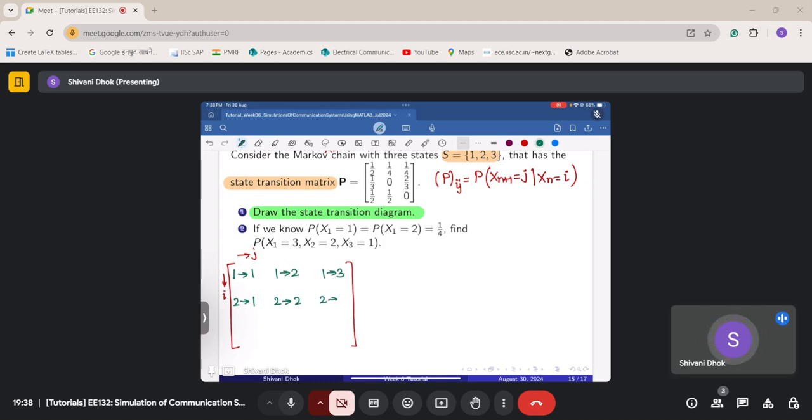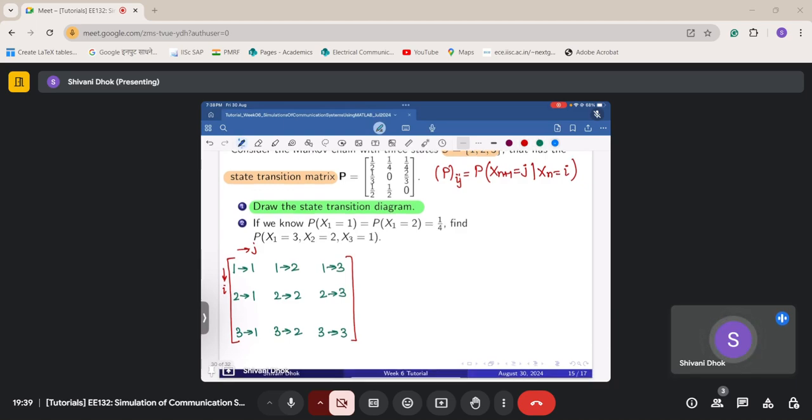You are at state 2 and you go to state 3. Similarly, here you are at state 3, you go to state 1. Here you are at state 3, you go to state 2. And here you are at state 3, you remain at state 3. So given to us is this probability 1 to state 1 is half. Then this is 1 by 4. This is also 1 by 4. Then this is 1 by 3.